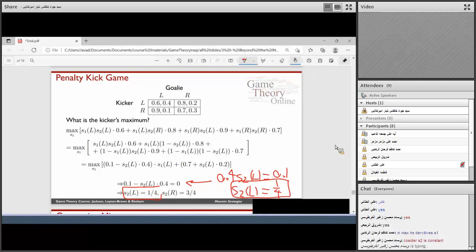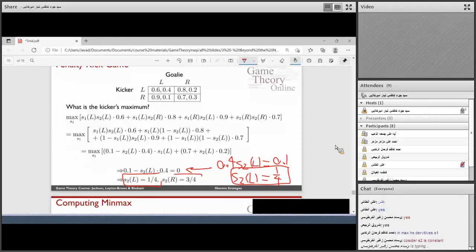All right. So if S2 of L is 1/4, then S2 of R is 3/4 because it's 1 minus S2 of L, right? So we're good. So in the first part, by doing a maximization over S1, we concluded that S2 of L is 1/4 and S2 of R is 3/4.